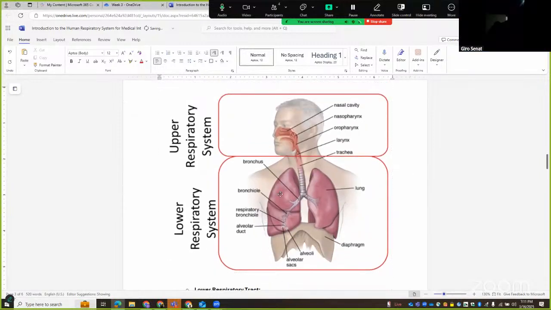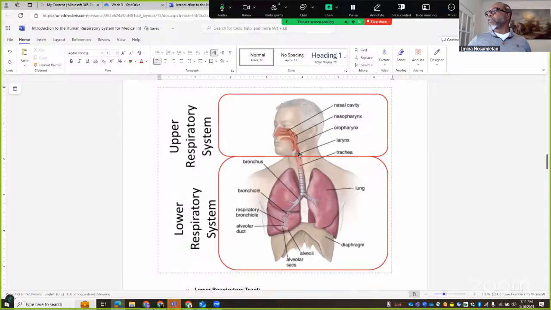So, this is the upper, there's the lower. You see the diaphragm is actually a very important part of your respiratory system. And these are the alveoli. This is where exchange of gases takes place in the alveoli.